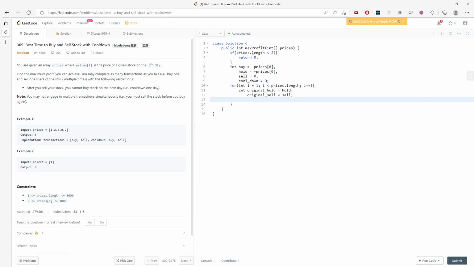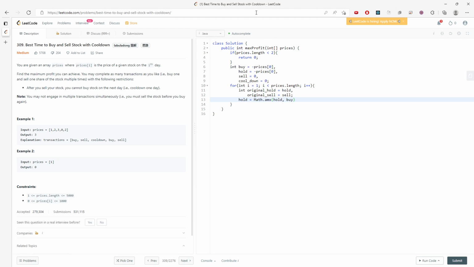For the first line in the for loop, you should calculate your hold, because you can still be holding after you buy on the previous state. So you should calculate the maximum between hold and buy. So you assume you want to buy a new one instead of the previous one.